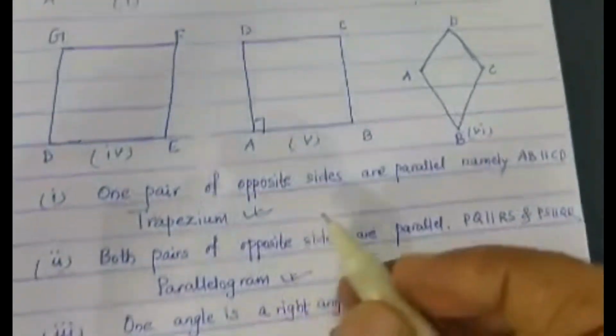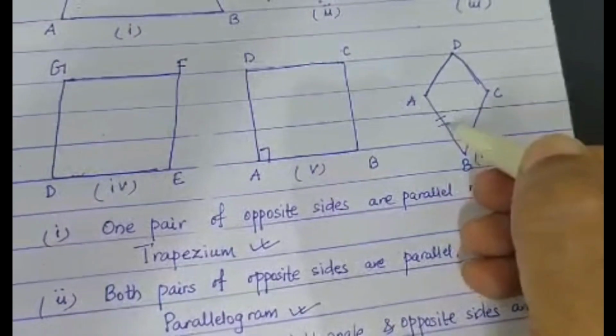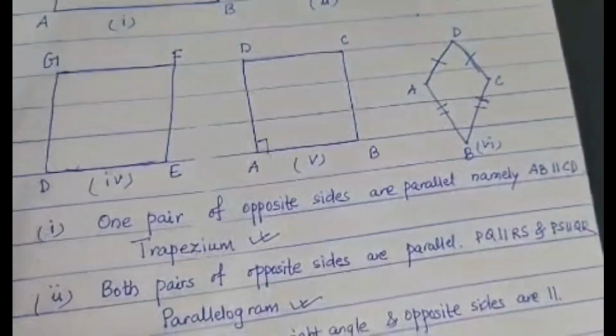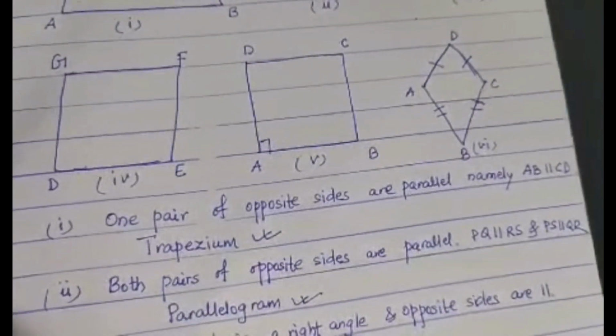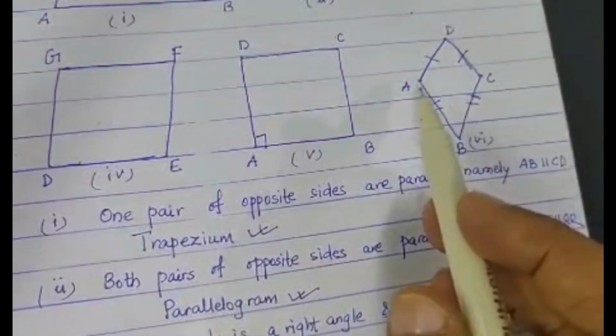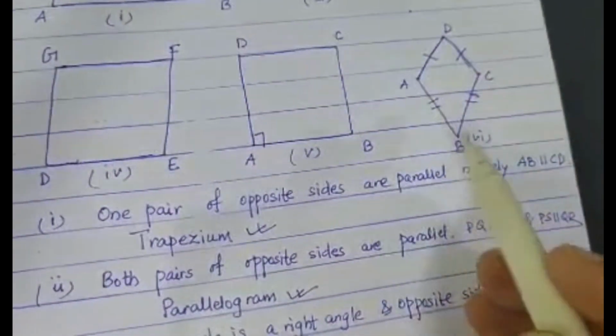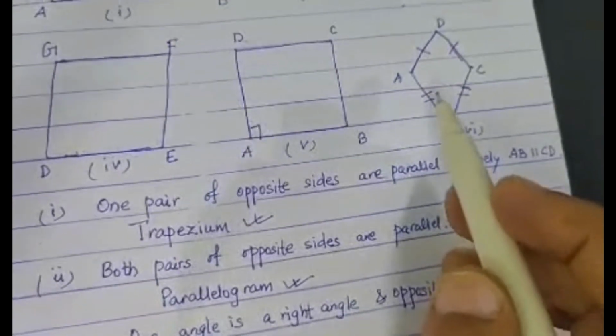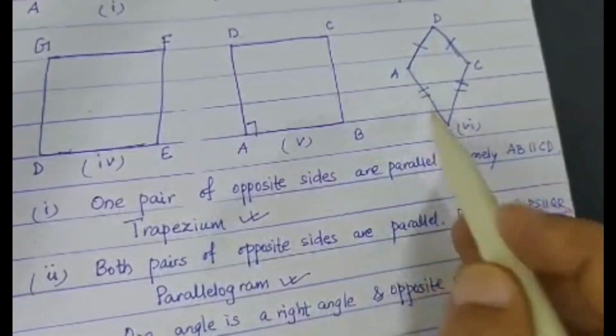Now the sixth one, here these two sides are equal and these two sides are also equal. So basically it is called a kite. So in a quadrilateral ABCD, if AD equals CD and AB equals BC, that is two pairs of adjacent sides. These are called adjacent sides.